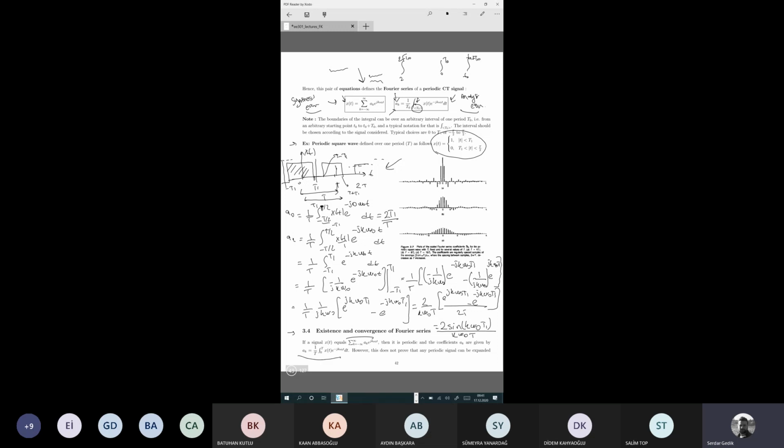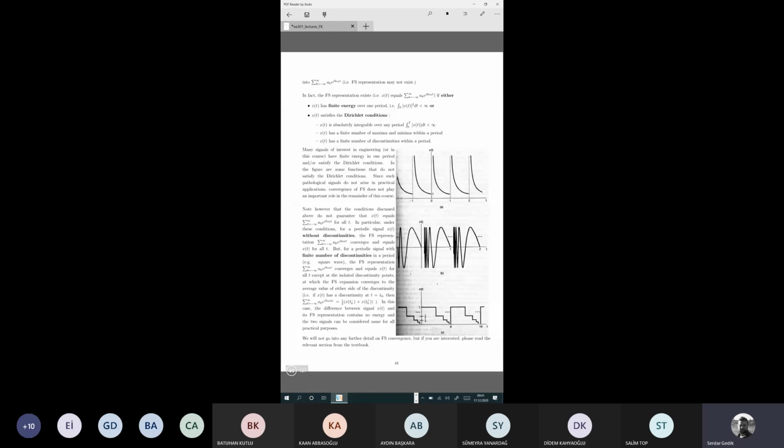Well, but this observation does not prove that you can write any periodic signal in Fourier series form. We have some, of course, rules for the existence of Fourier series representation. These are called Dirichlet's conditions, and actually it requires your signal to have three properties.